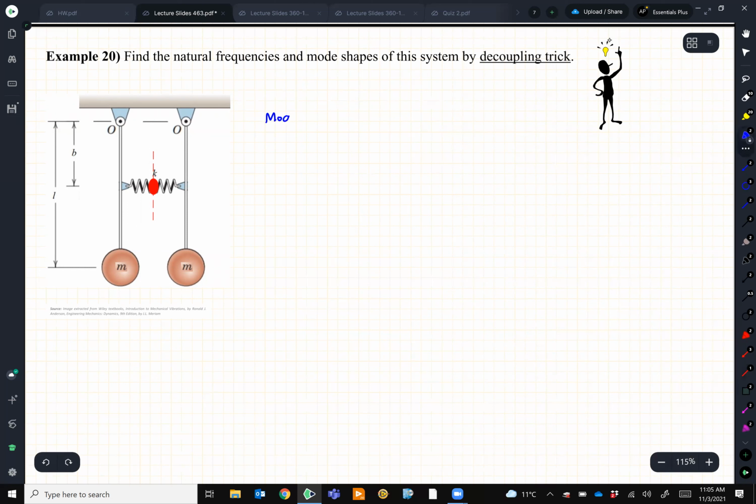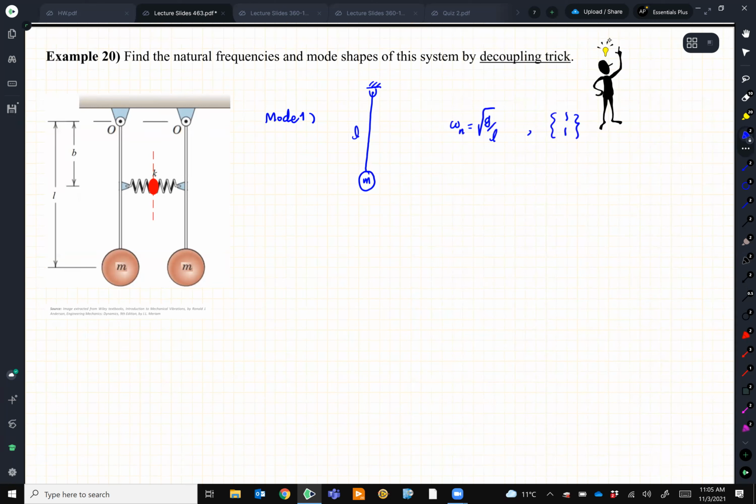Mode 1: we're going to have only one pendulum, because the two pendulums are exactly the same. For a pendulum like that, we know its natural frequency. We calculated before, it is the square root of g over L. So done, that's the first mode and first natural frequency. And if we want to show the mode, it's going to be 1 and 1.